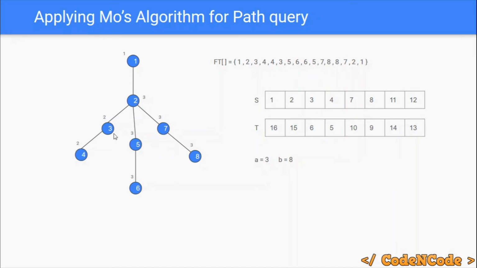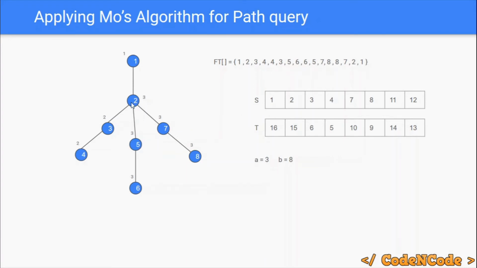You see, from starting time of A till the terminating time of A, all of the nodes that you see are the nodes of the subtree of that node. For example, from starting time of 5 to terminating time of 5, all of the nodes in between you see are the nodes which lie in the subtree of 5.